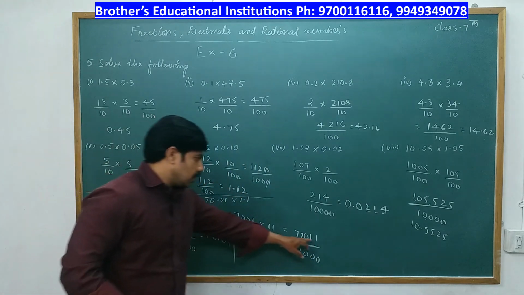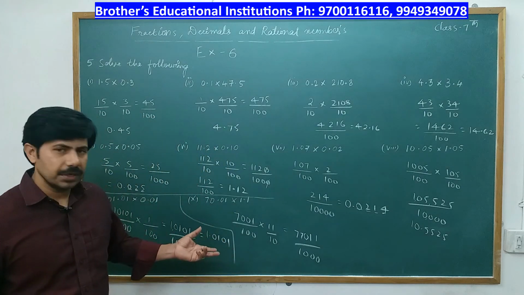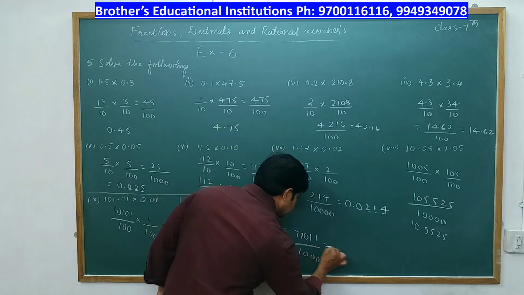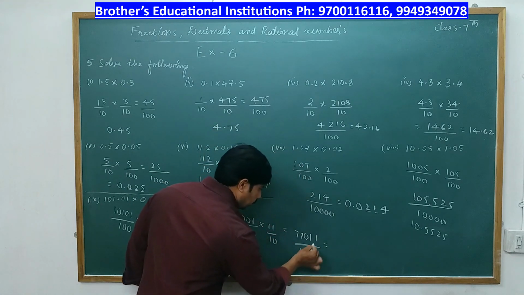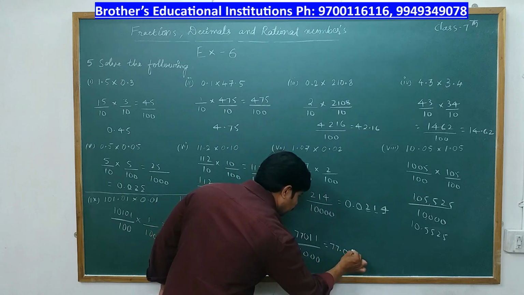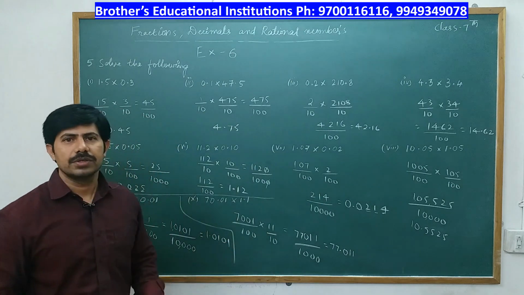So this is ones, tens, 100, 1,000, 10,000. So this is 77,011, denominator is 1,000. So shift the decimal after 3 digits, 1, 2, 3. It is 77.011 is the answer. Okay. So this is complete.